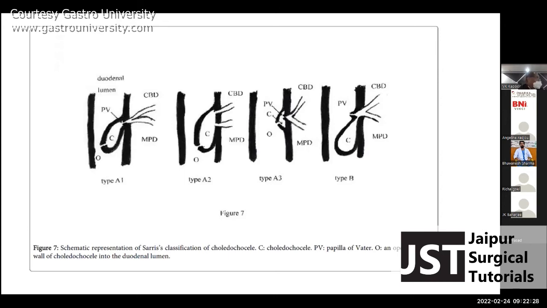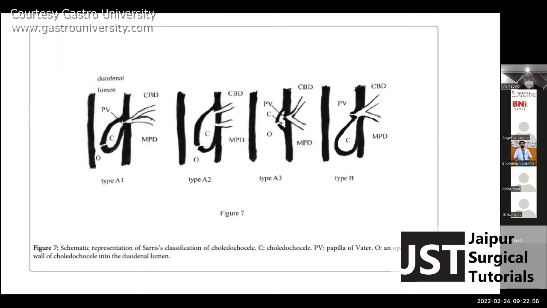In type A2, the CBD and MPD are opening through 2 different openings into the cyst, and then the choledochocele is opening into the lumen through a separate aperture. And type A3, the choledochocele is intramural with a common channel opening into the cyst.